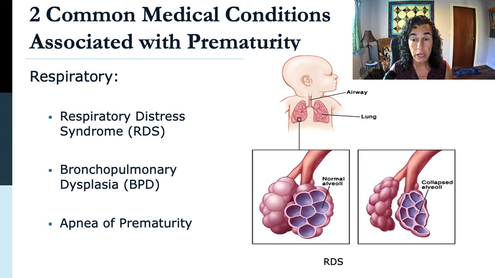Bronchopulmonary dysplasia is another, and apnea of prematurity, in other words, a failure to breathe on a totally regular basis, but one that's associated with being premature, is another. So, what we find is that the lungs are one of the last organs to develop before a child is born when they're at term, and so pulmonary issues in prematurity are very common because the lungs tend not to be fully developed.